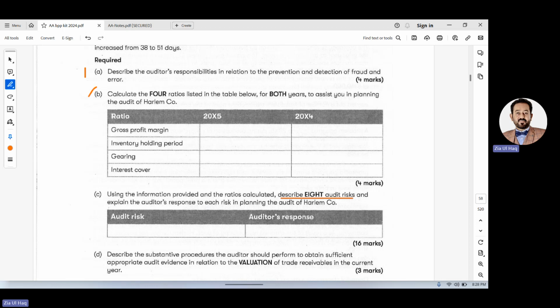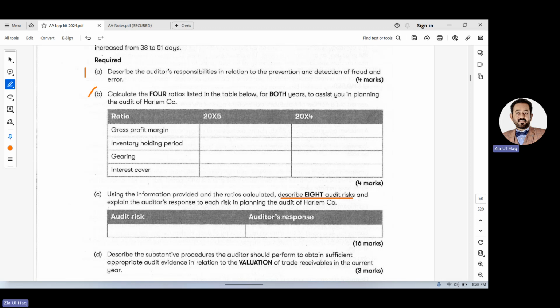The company could face going concern issues which may not be disclosed properly in the financial statements. Inventory days has increased. So there are chances of obsolete inventory. If the company does not record obsolete inventory as per the standard, lower of cost and NRV, inventory could be overvalued.